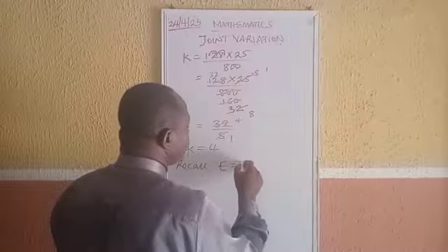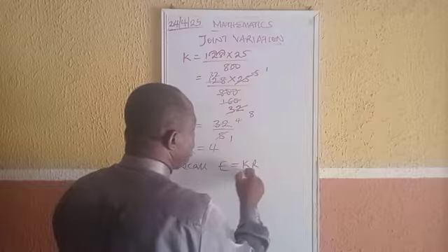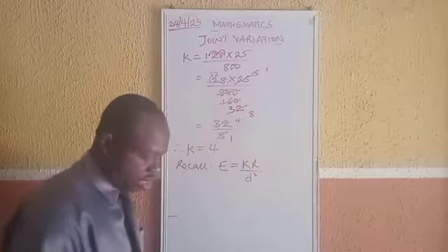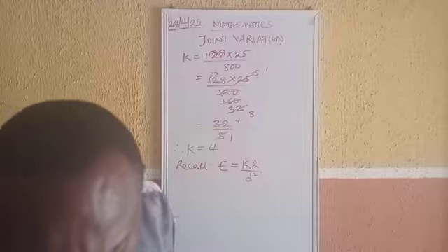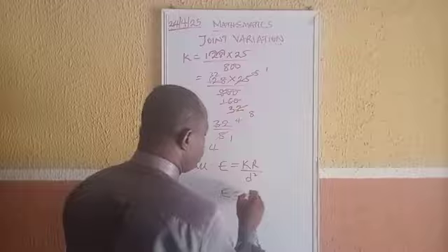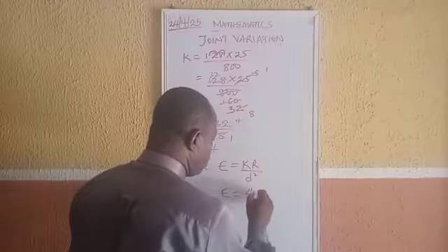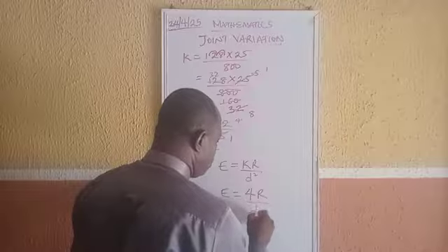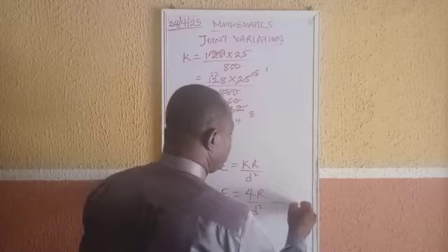E equals what? K r over d square. So it is going to be E equals 4r over d square.